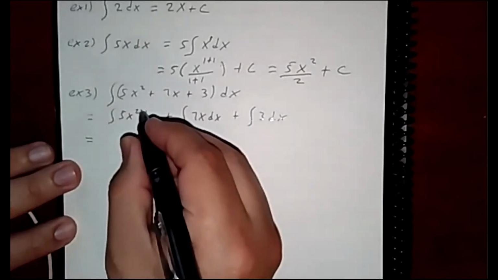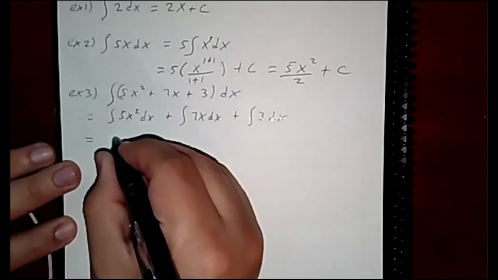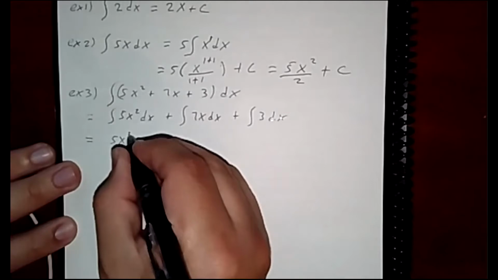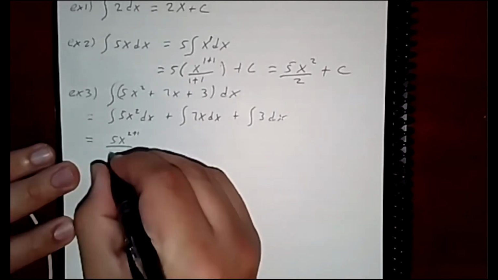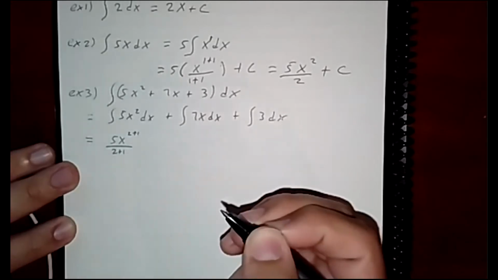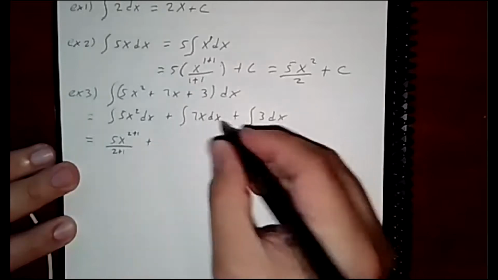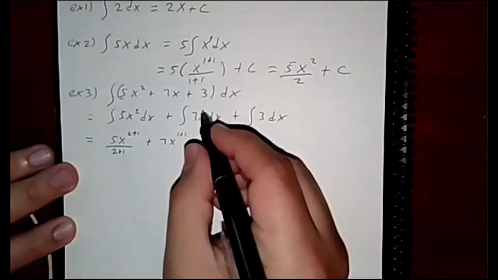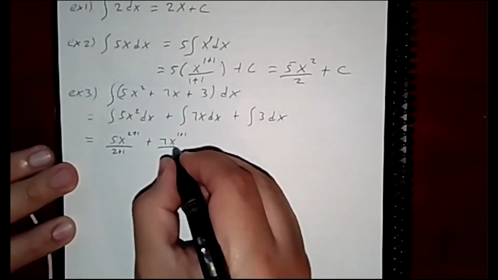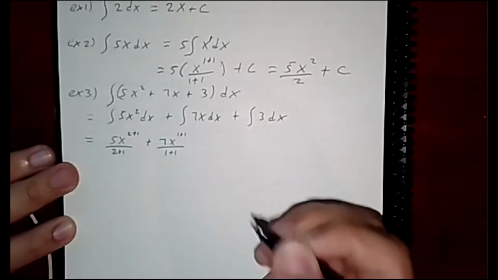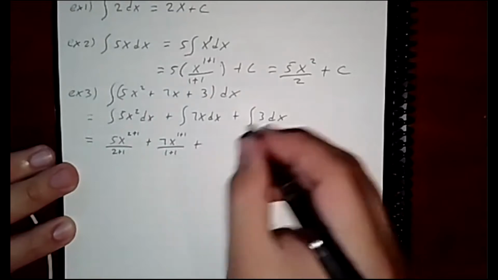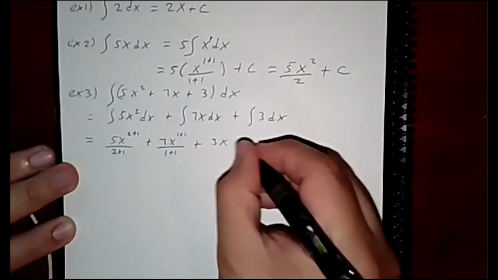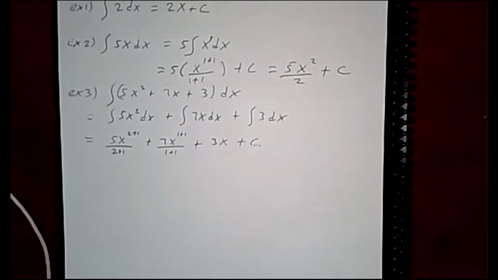Yeah, so add 1 is 3, divide by the same number, right? 2 plus 1, 2 plus 1. I'm going to show the steps because we're doing it for the first time. 1 plus 1, 1 plus 1, right? And we said this guy will just be x, but we have to add the c. Okay?